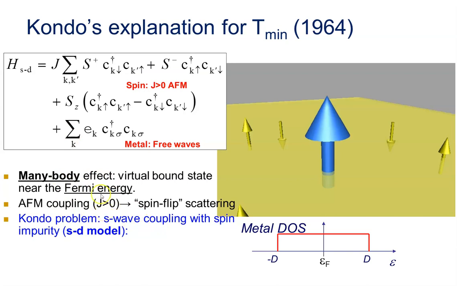So if J is larger than 0 and I have the spin flip scattering terms like here, the thing is you can calculate the contribution of these processes to the resistivity. And that's precisely what Kondo did in 1964.